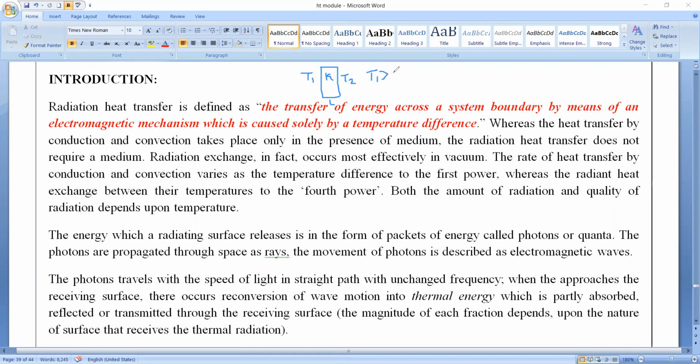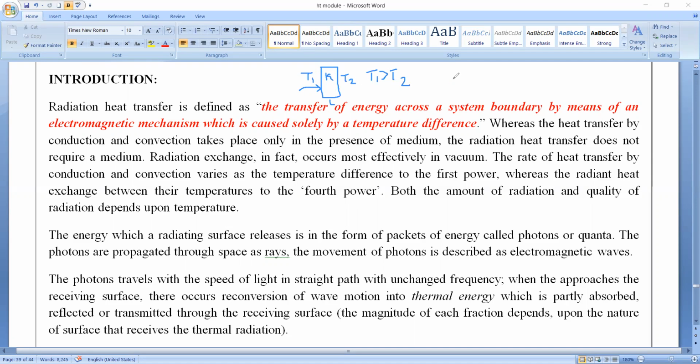The temperature of one surface is greater than the temperature of the other surface. Naturally, the heat will flow from the high temperature region to the low temperature region, and that is governed by the Fourier law of conduction. That means for conduction, we require some sort of medium, that is the solid medium.